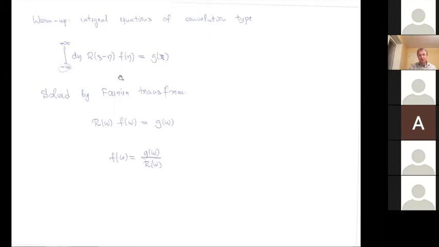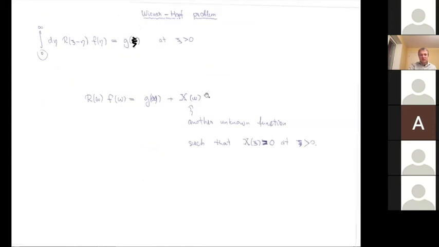Convolution becomes a product in Fourier space, which makes the equation algebraic and allows one to solve it. For an equation on a semi-infinite interval, Fourier transform also allows one to solve it in quadratures by the method that was devised by Wiener and Hopf.